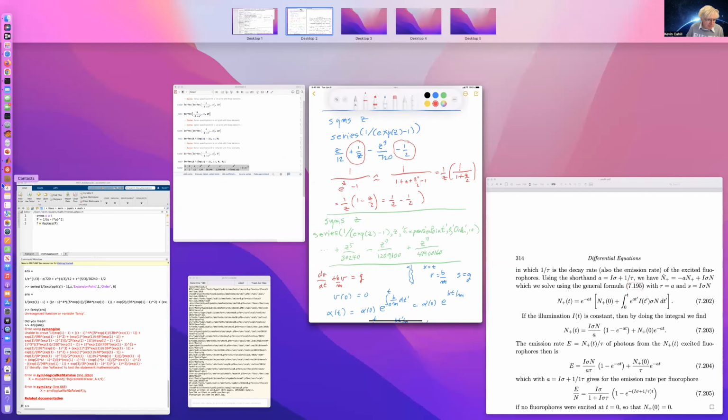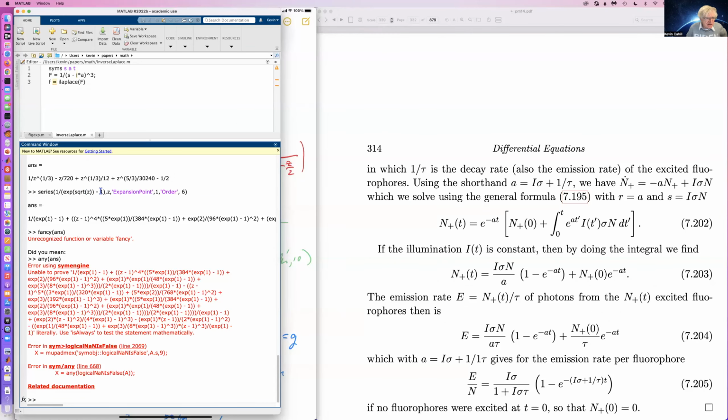I did it for the case expansion point 1. So I did series 1 over e to the, oh, that's square root of z. Why did I do square root of z? Why in God's name did I do square root of z? All right, well, let's do it the way I just said.